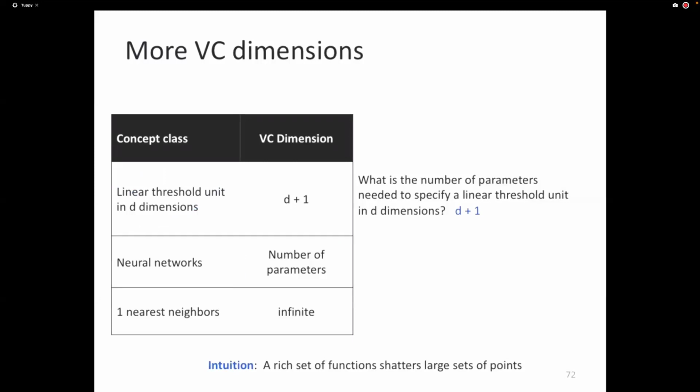There are other aspects that come into play with neural networks that we've not yet covered, but I just want to mention it. Turns out training neural networks is not the easiest thing in the world.